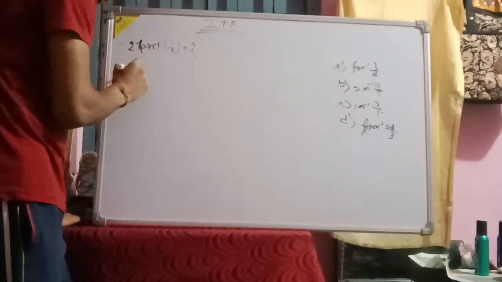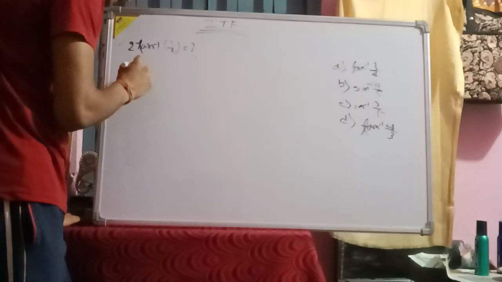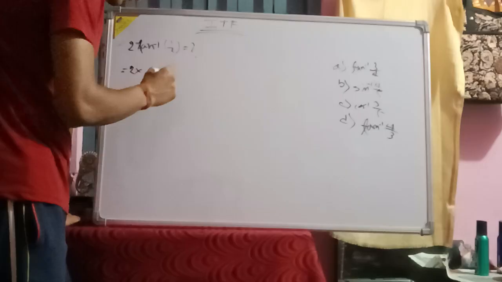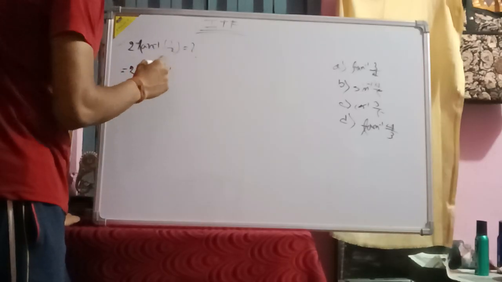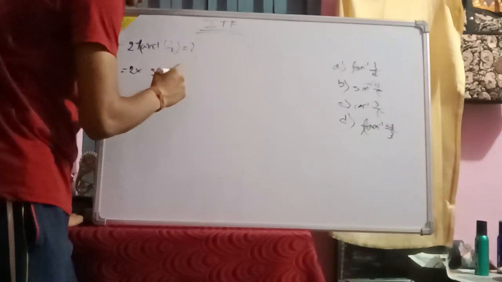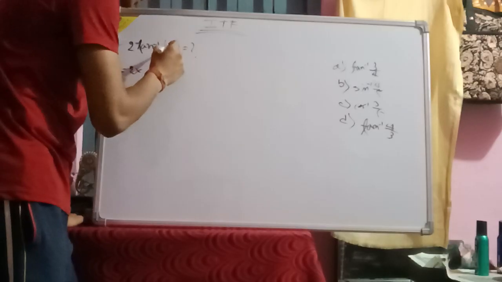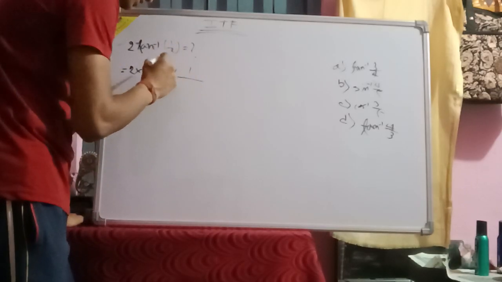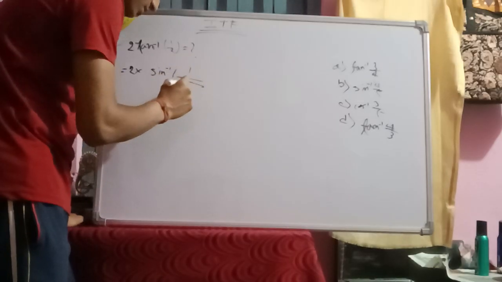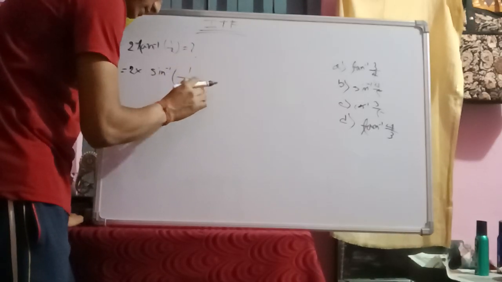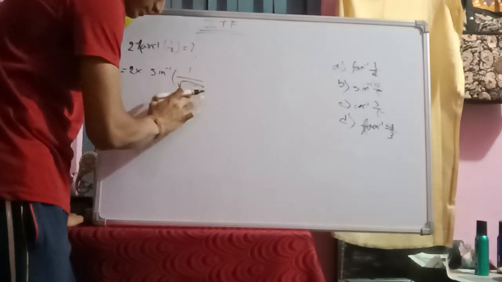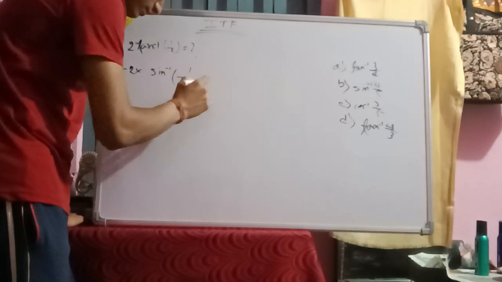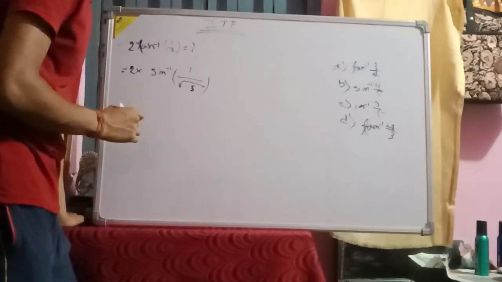This would be the same as 2 times sine inverse of, this is length and this is base. So sine inverse is going to be length over hypotenuse, that is root of 1 square plus 2 square, that is 1 plus 4, that is 5.